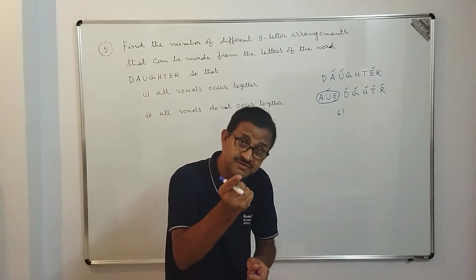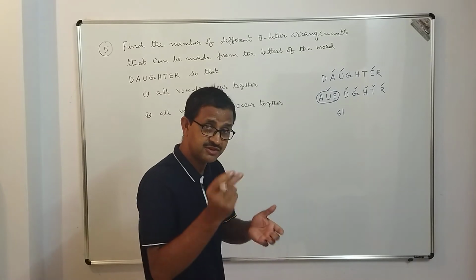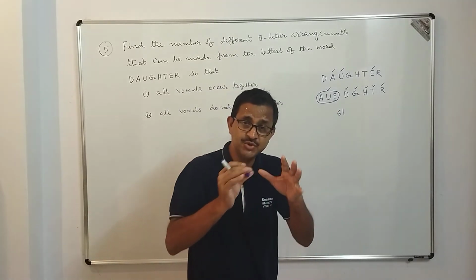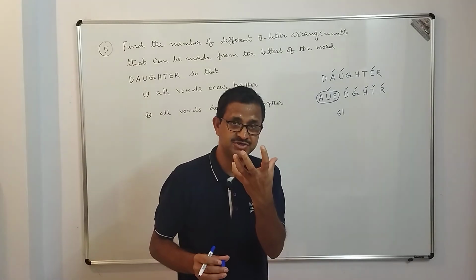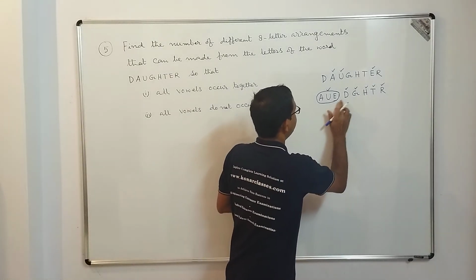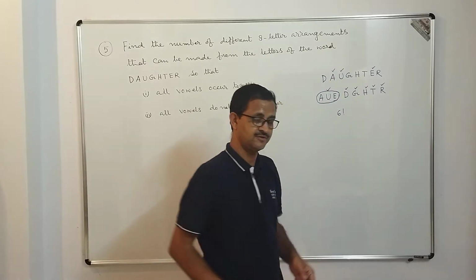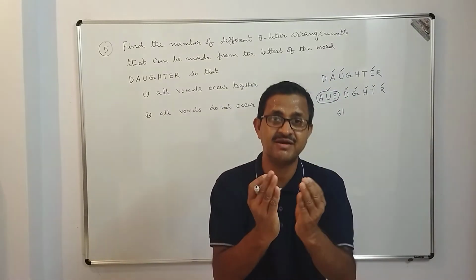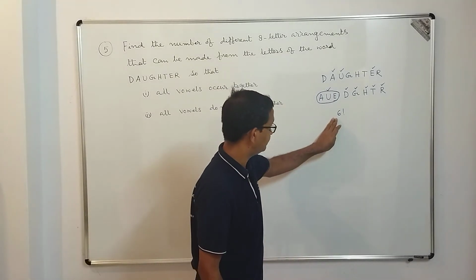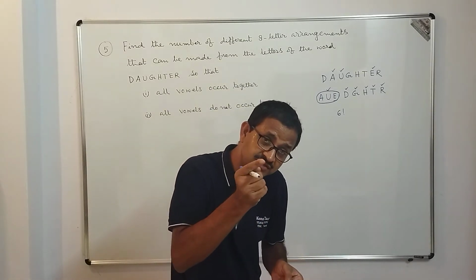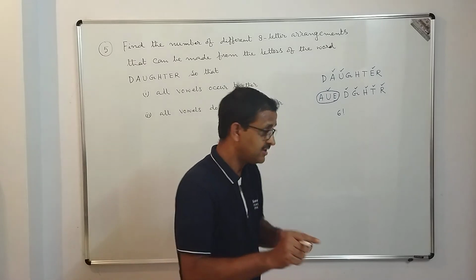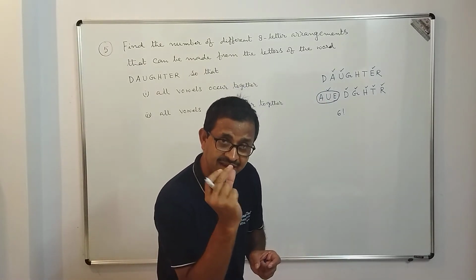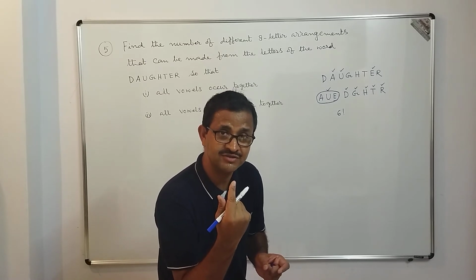This is the concept of the principle of multiplication. For each of these 6 factorial ways, the 3 vowels can be arranged among themselves in 3 factorial ways.